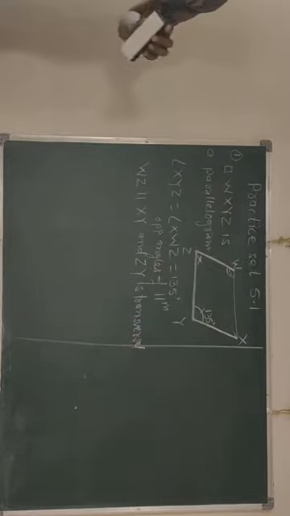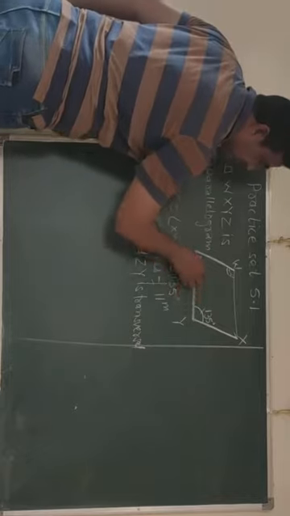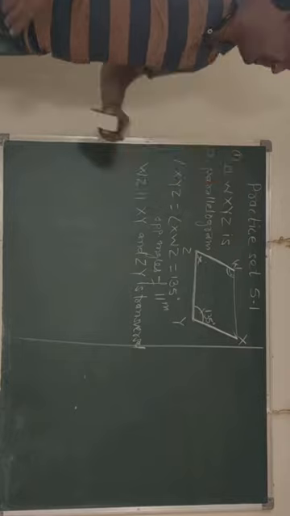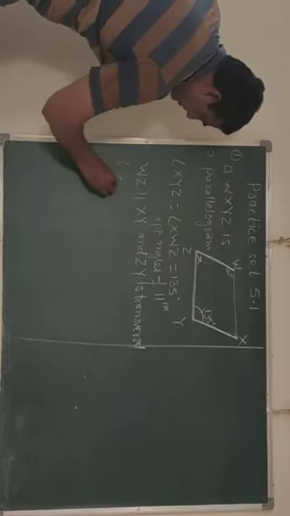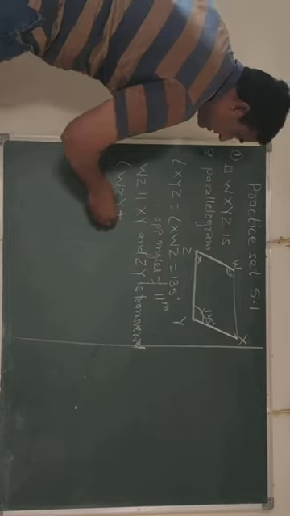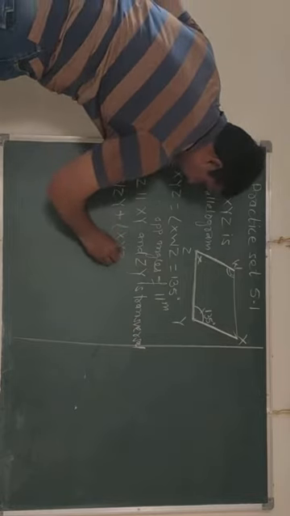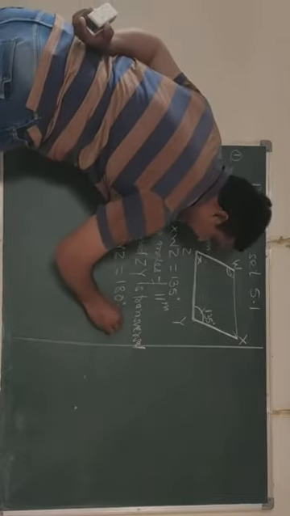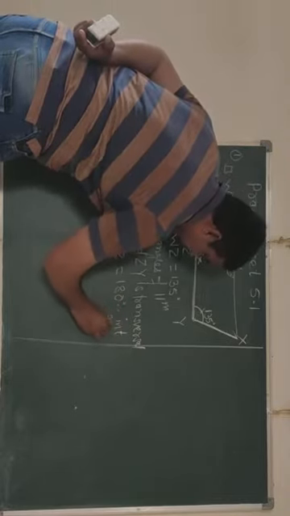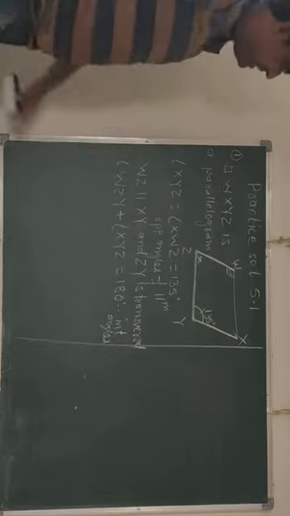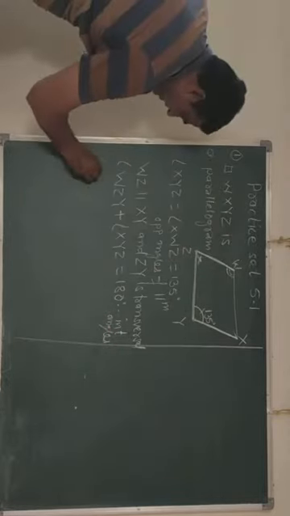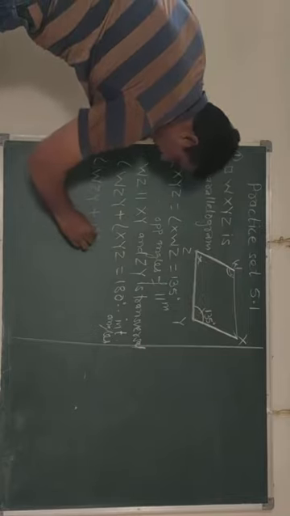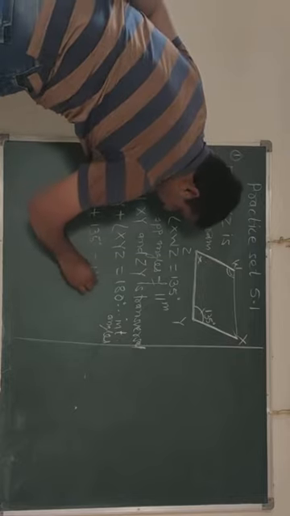And if it is transversal, then what about these two angles? These are interior angles. And if lines are parallel, interior angles are supplementary. That means angle WZY plus angle XYZ equal to 180 degrees. So angle WZY plus 135 degrees equal to 180.